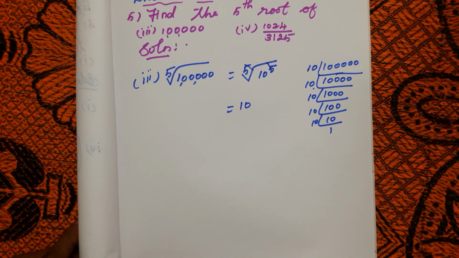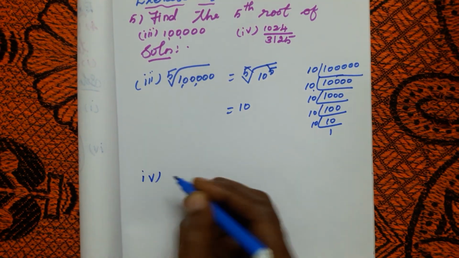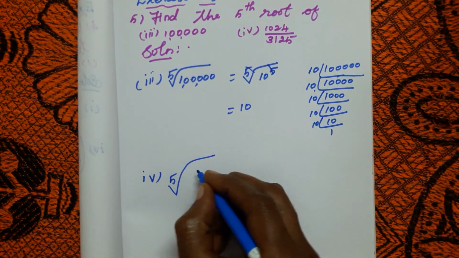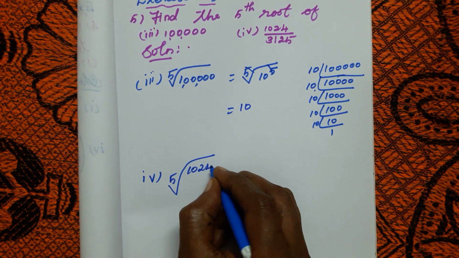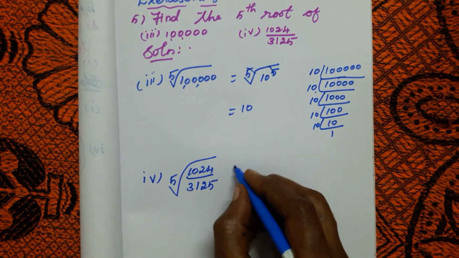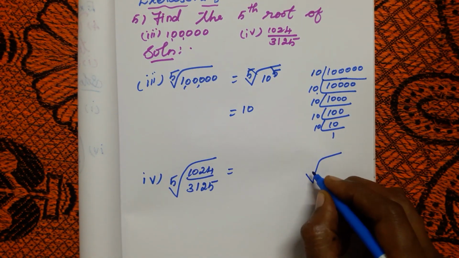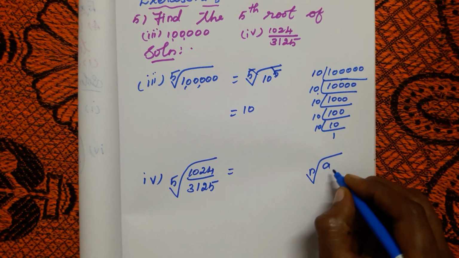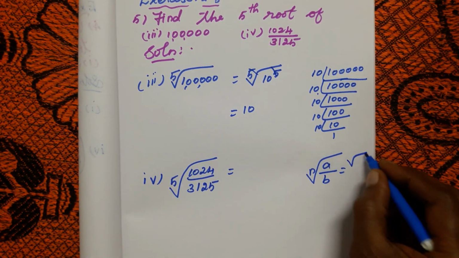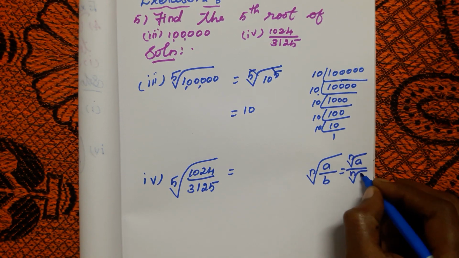Okay. Then the fourth problem. We have to find out the fifth root of 1024 by 3125. First, nth root of a by b is equal to nth root of a by nth root of b.